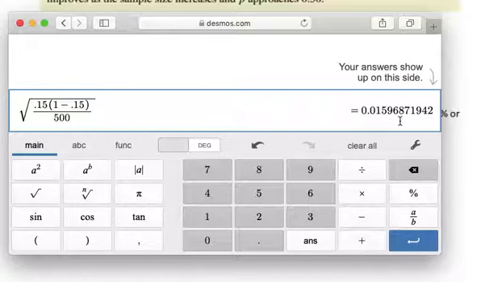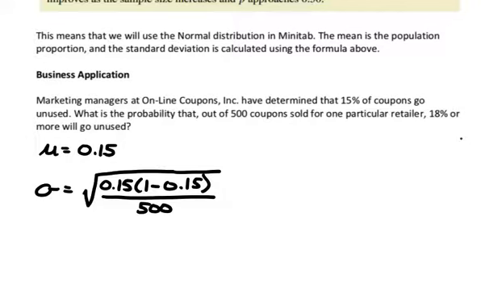If I round to 4 digits after the decimal point, it would round up to 0.0160. Remember that you want to probably keep at least 4 digits after the decimal point when you're putting a rounded standard deviation into Minitab, just to make sure that your answer is as accurate as possible.